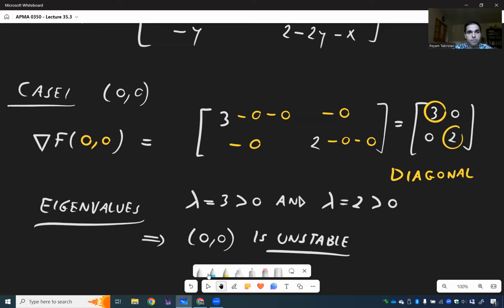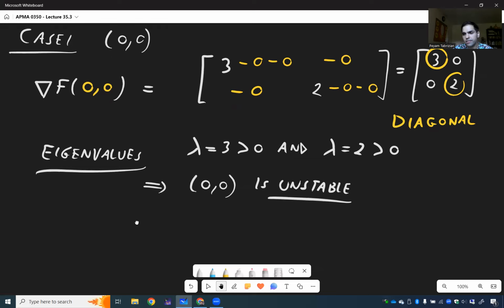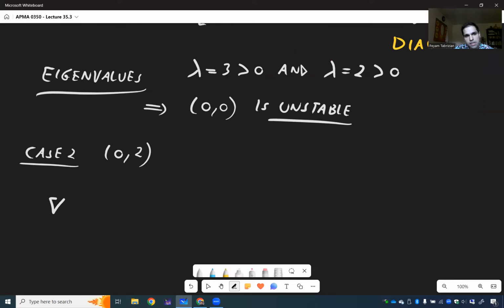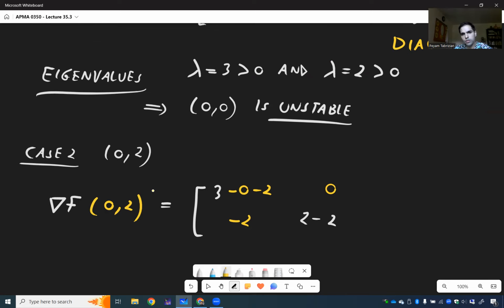Now let's continue. Let's do, I think, (0, 2). So let's do the gradient of f at (0, 2). In this case, I think 3 minus 0 minus 2, and then 0 minus 2, and then 2 minus 2 times 2 minus 0.